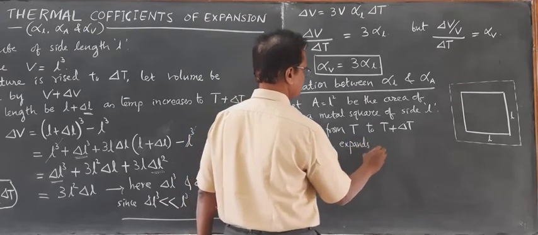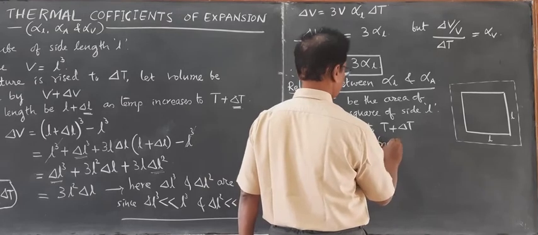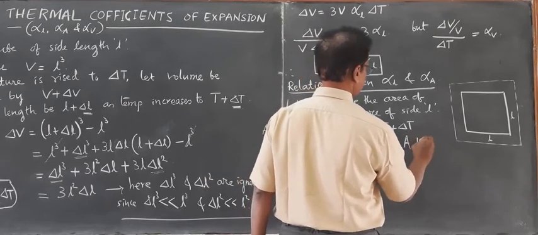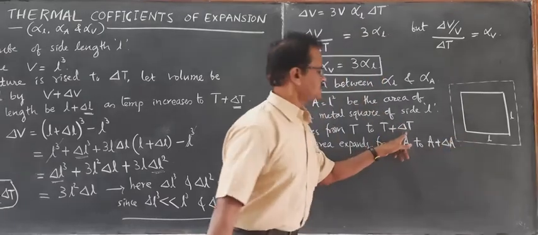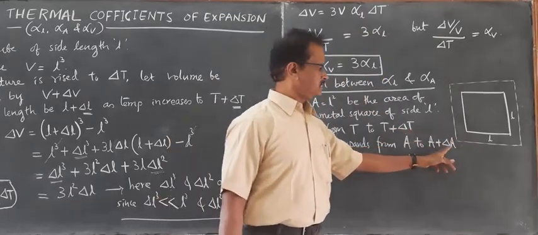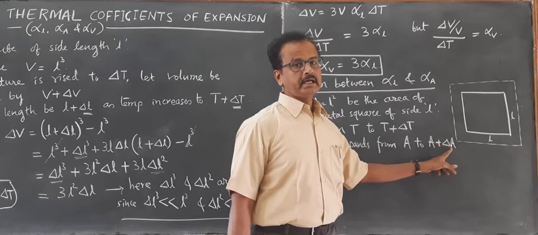Area increases from A to A plus delta A. So due to rise in temperature delta T, there is an expansion in area delta A.